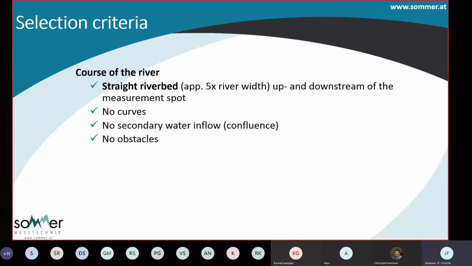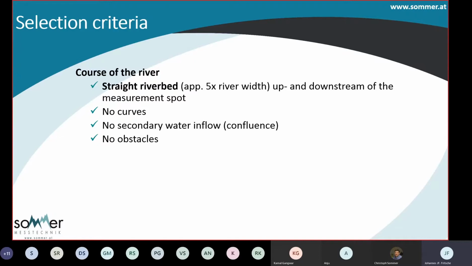Of course, there are some restrictions for that. You probably have very few measurement sites where you get this framework, but if you're flexible, then you should comply with this rule, 5 times up and down the river width.